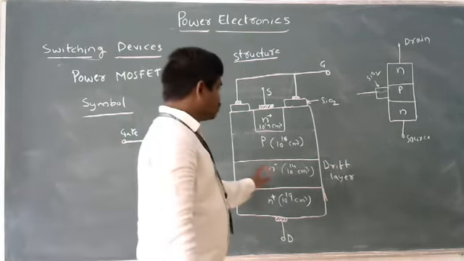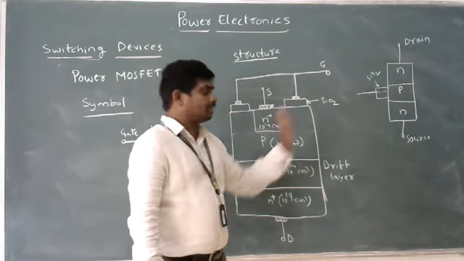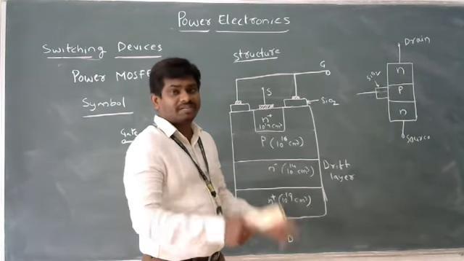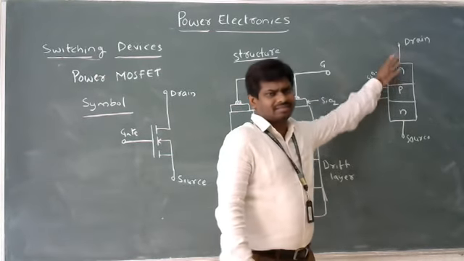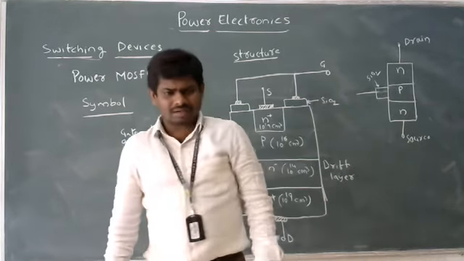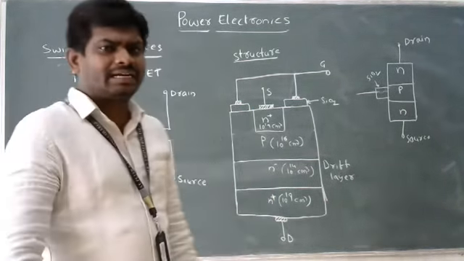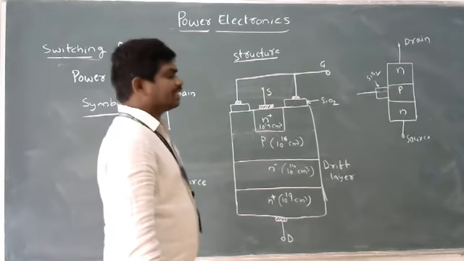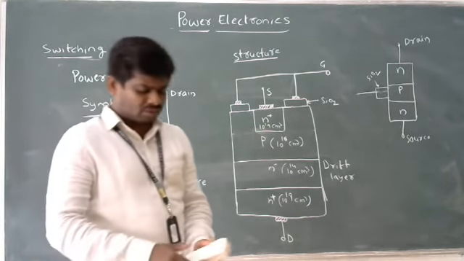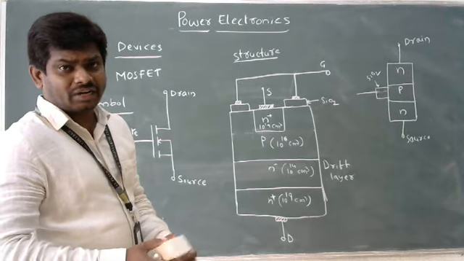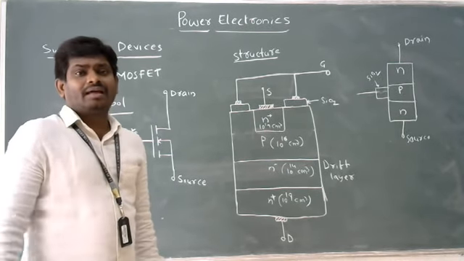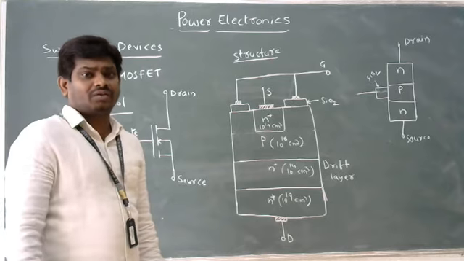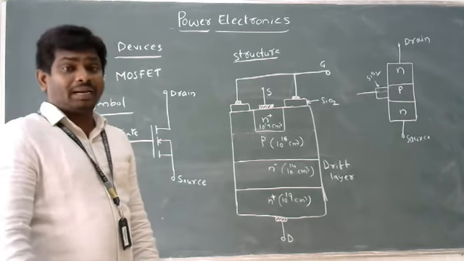When you compare these two structures, there is a huge difference in doping values. This one is normally doped because it is used only for signal level applications, carrying microamperes to milliamperes of current, handling millivolts and only milliwatts of power.